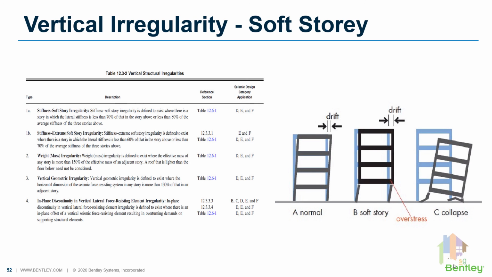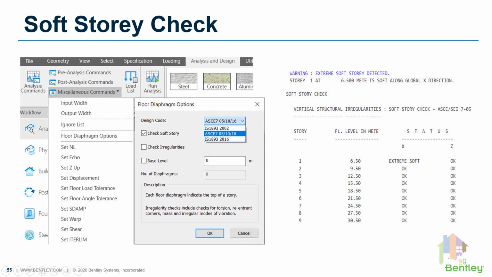This soft story creates a major weak point in an earthquake, and since soft stories are mostly associated with retail space or parking garages in the lower level of a building to accommodate large open space, when they collapse, they can take the whole building down with them, causing serious structural damage which may render the structure totally unusable. It is necessary to eliminate this type of structural problem.